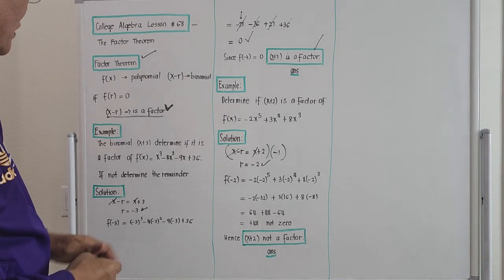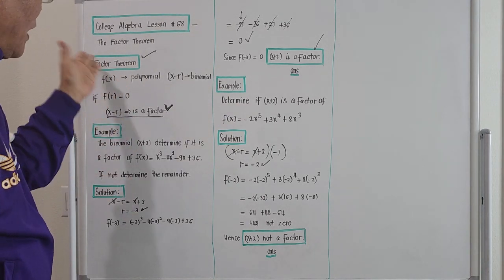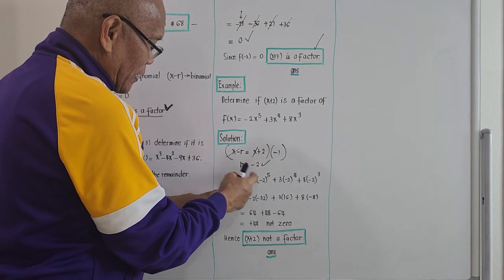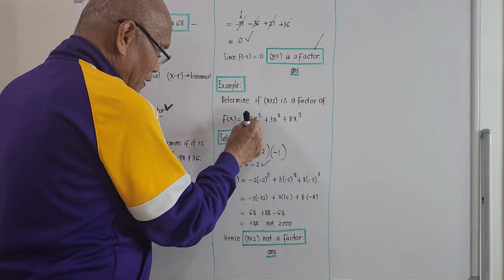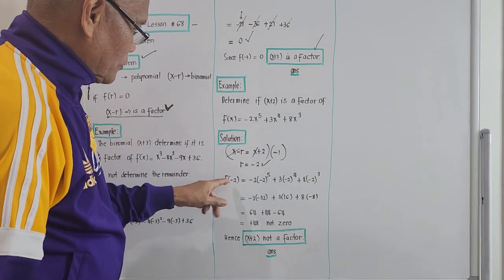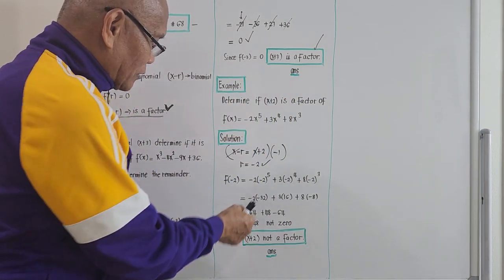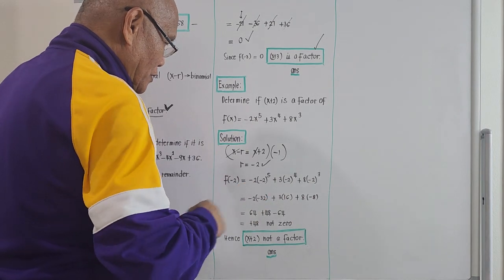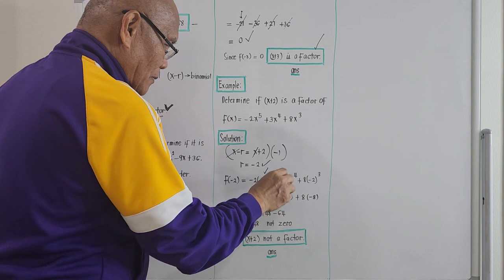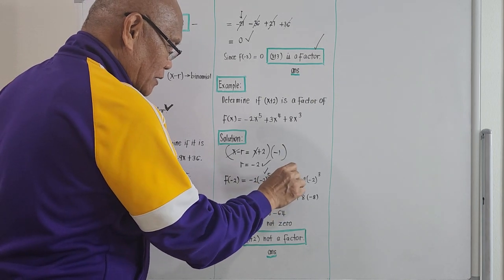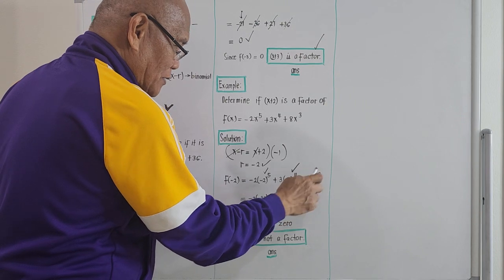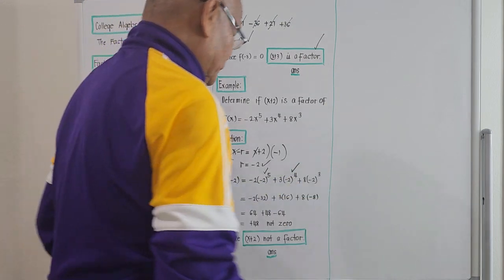Okay? According to the factor theorem, if we take this value r and put it in the value of x on the given polynomial, what will be the outcome? So function of negative 2 should be equal to negative 2 to the 5th power, plus 3 times negative 2 to the 4th power, plus 8 times negative 2 to the 3rd power.